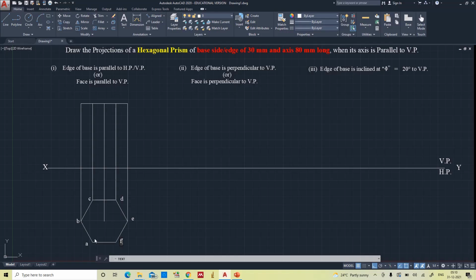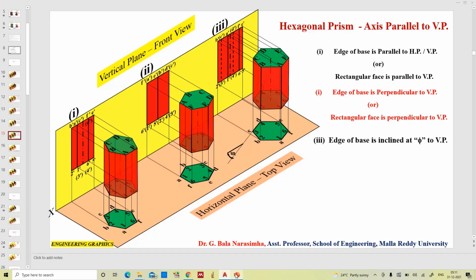Now the lower base is invisible: 1, 2, 3, 4, 5, 6. So coming to the front view, B dash, then 2 dash. Coming to here, A1 is clearly visible, C3 is invisible. You can see A1 is clearly visible, whereas C3 is invisible, hidden.